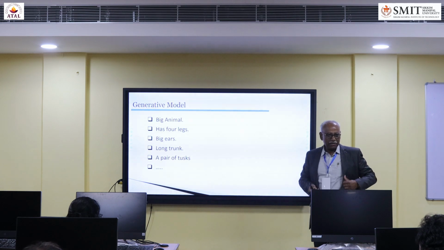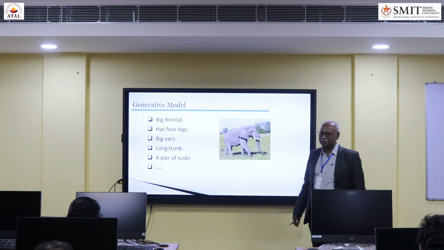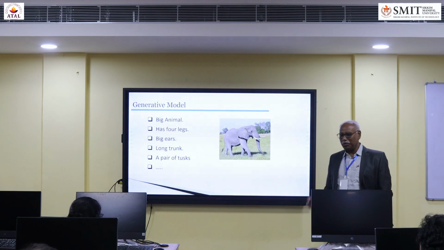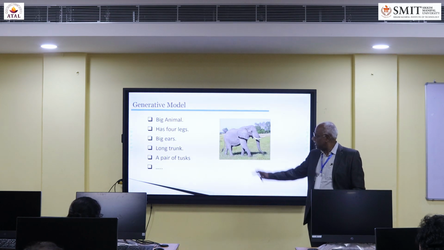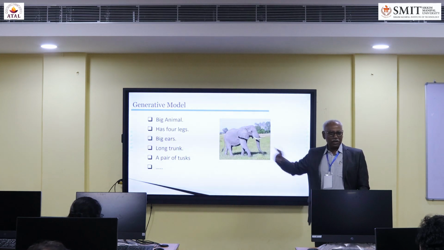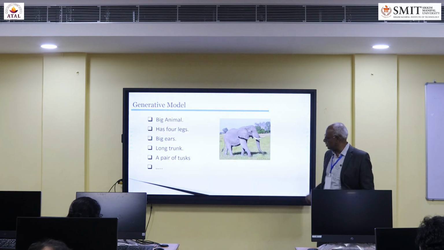Can you guess what this animal is? Exactly. So, a perfect generator. It's an input, so we want a model that, if we give this sort of description, should be able to generate this.